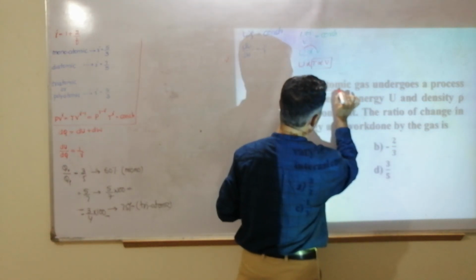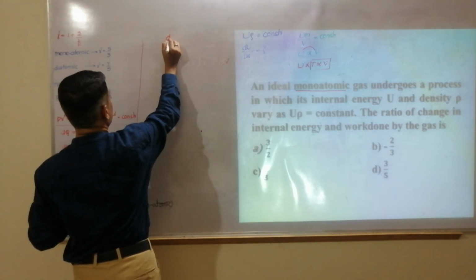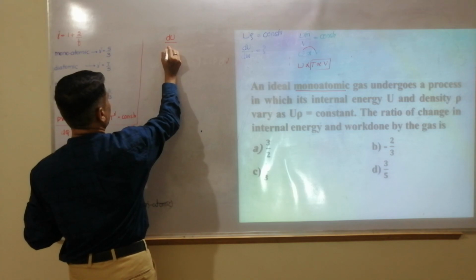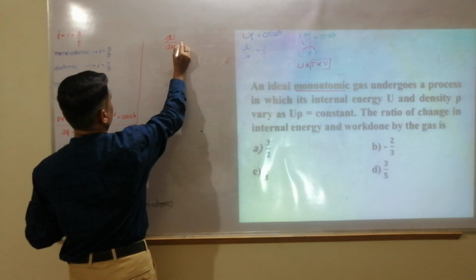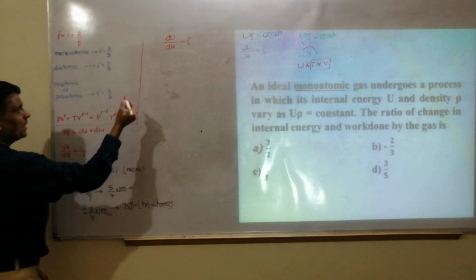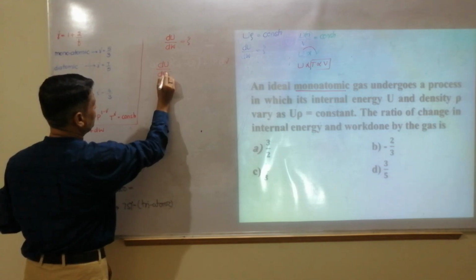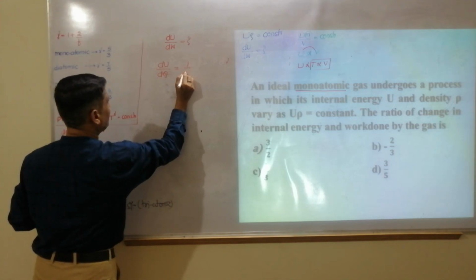For a monoatomic gas, we want the change in internal energy divided by work done. As you know, for any gas at constant pressure, dU by dQ is equal to 1 by gamma.